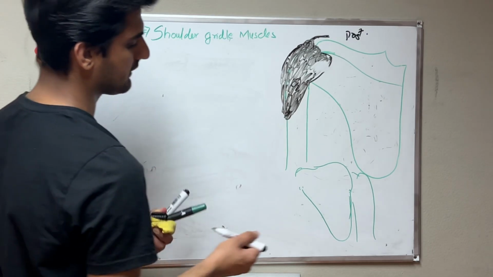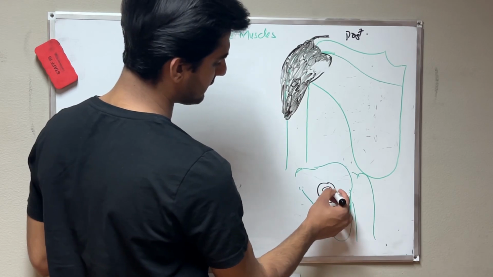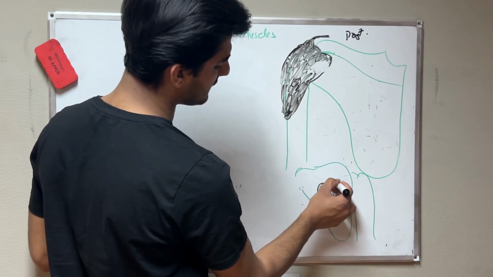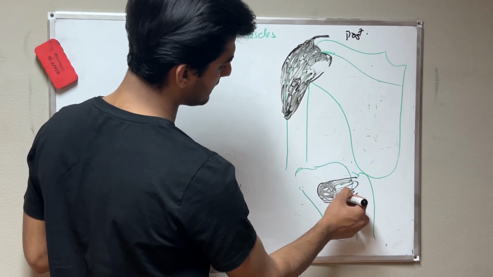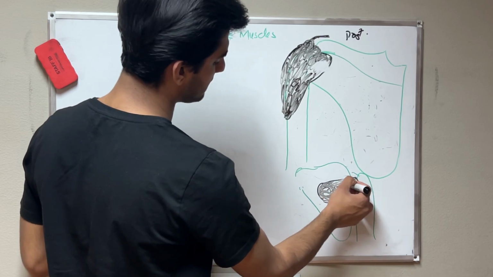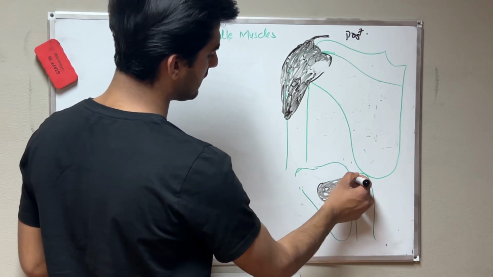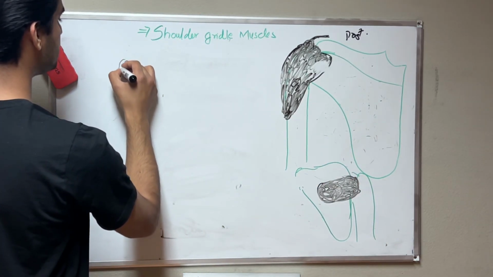Now, if you remember, this is the subscapular fossa. This muscle originates from the subscapular fossa and is inserted into the lesser tuberosity. Here we have the lesser tuberosity of the humerus bone, and the crest of what bone? The humerus bone.